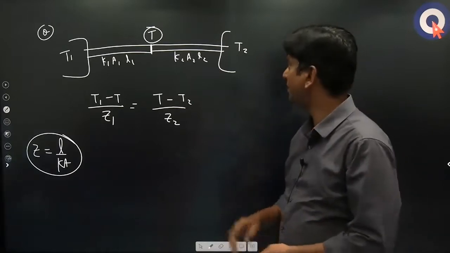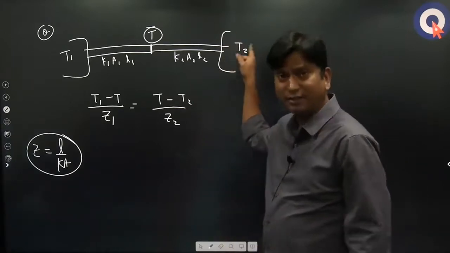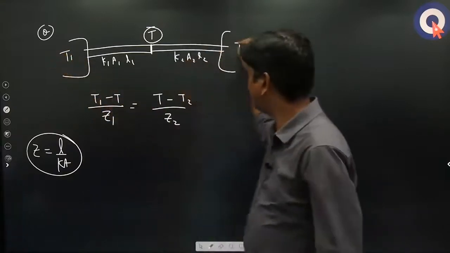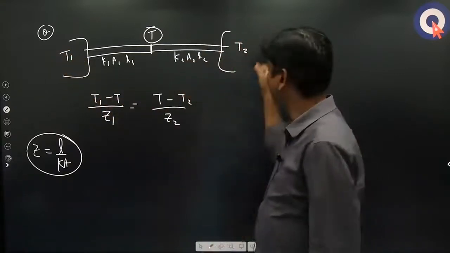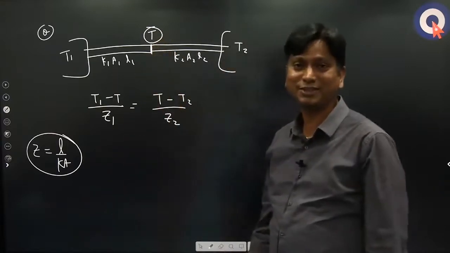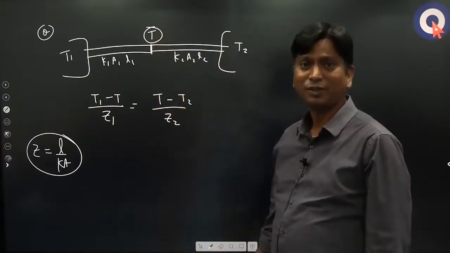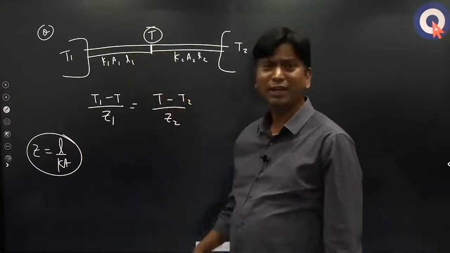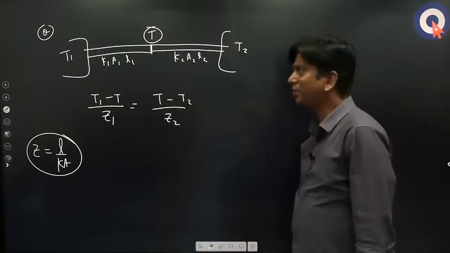Or sometimes they will give you ice here, and here 100 degrees is maintained, and they will give you the rate of melting of ice, and at that time they will ask you the temperature of the junction. Some value will be missing, like the K1 and K2 ratio. In this model, a lot of questions can be asked.